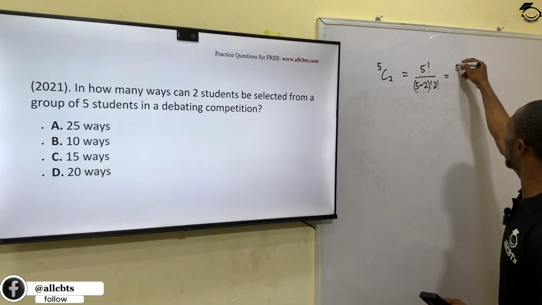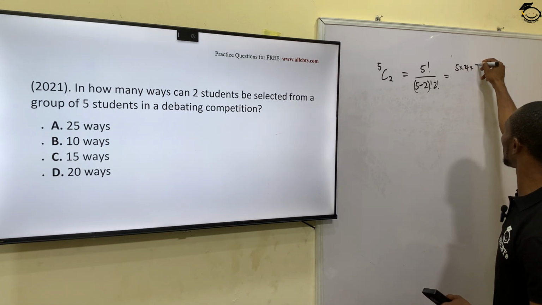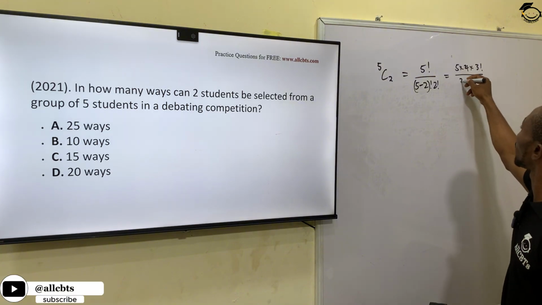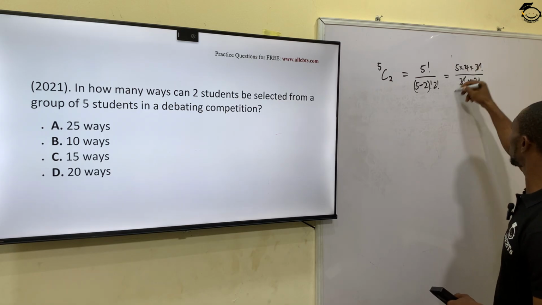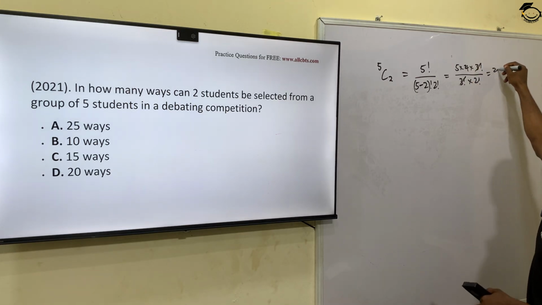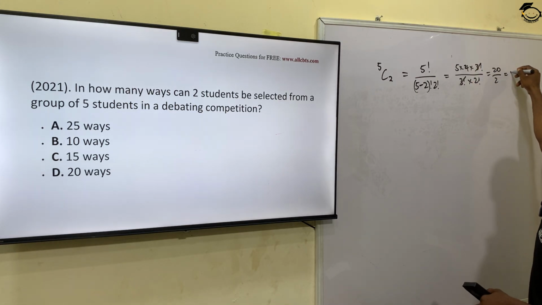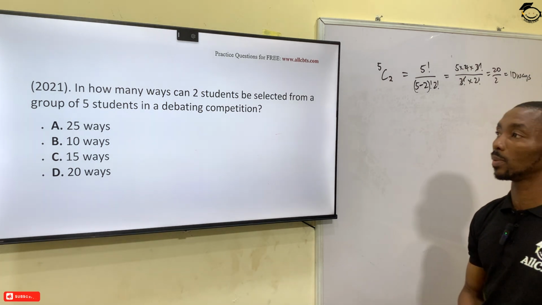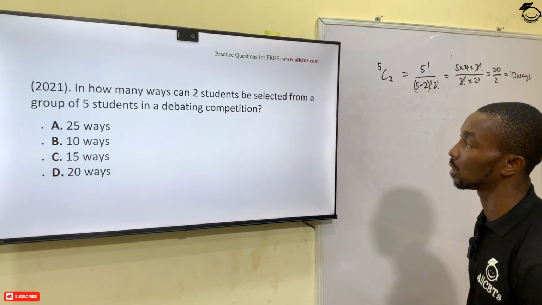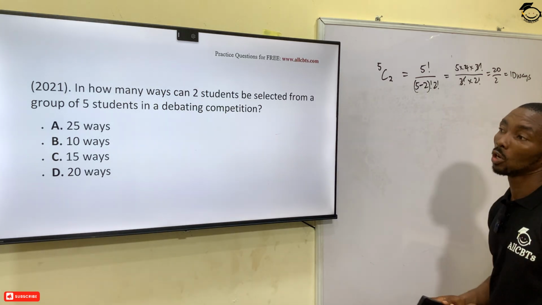So this will be 5 times 4 times 3 factorial over 3 factorial times 2 factorial. The 3 factorial cancels out, leaving us with 20 over 2, which is 10 ways.